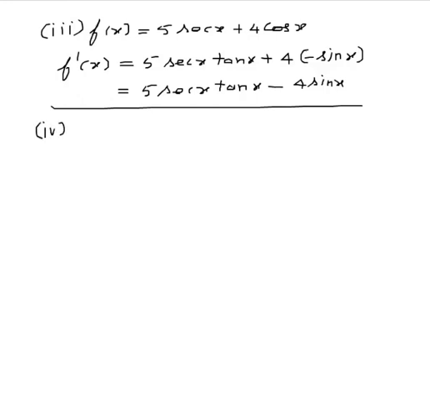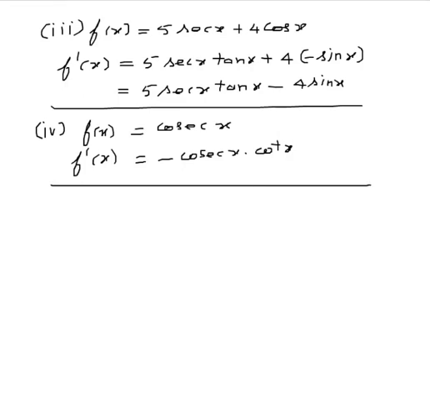Fourth subdivision, f of x is cosecant x. Be thorough with all the differentiation formulae, and derivative of cosecant x is minus cosecant x into cot x. We have continuation of differentiation lesson in 12th standard.